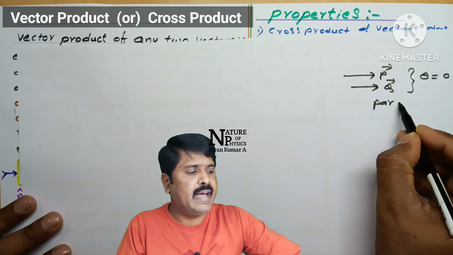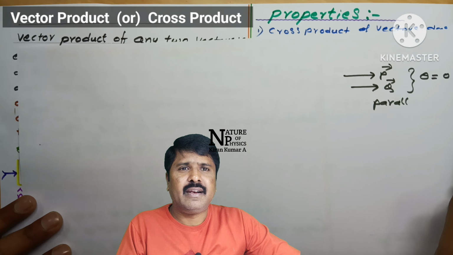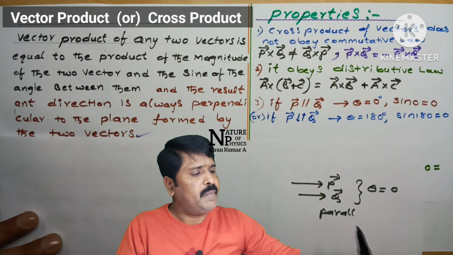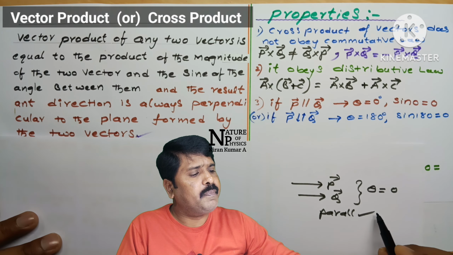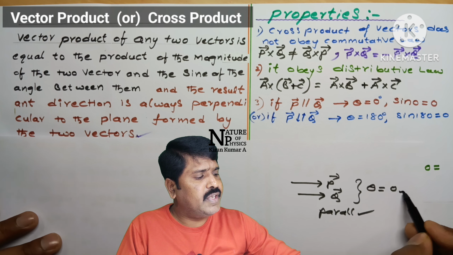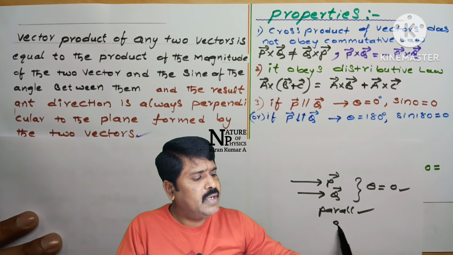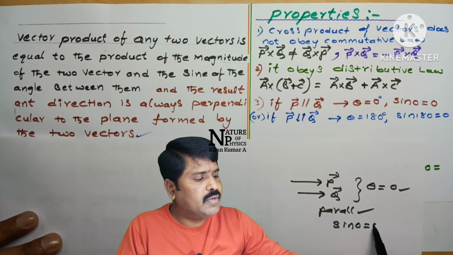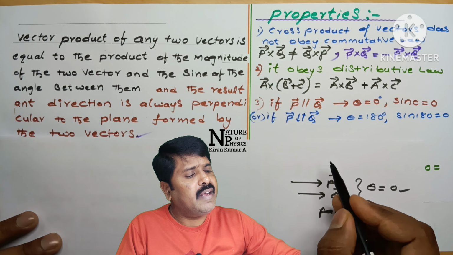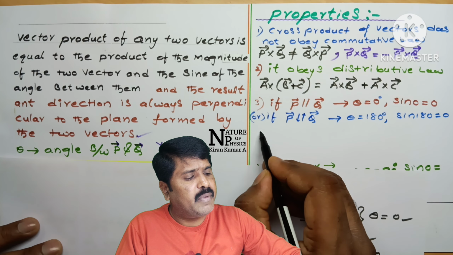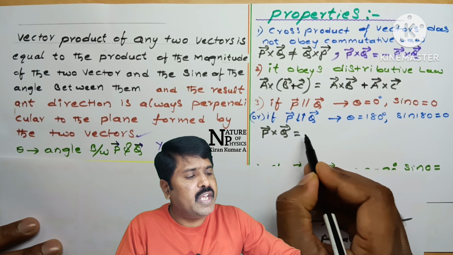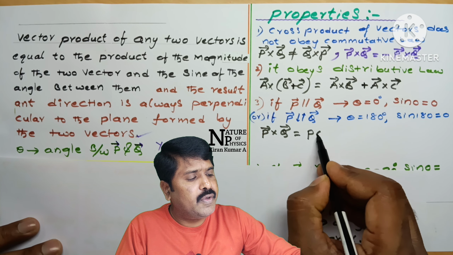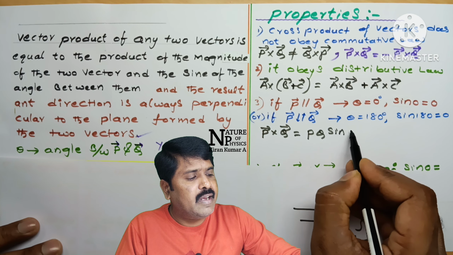If P bar and Q bar are parallel, theta is equal to 0 and sine 0 is equal to 0, so the vector product formula gives P bar cross Q bar equal to PQ into sine 0.